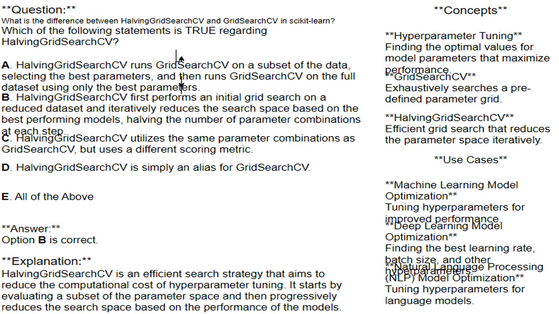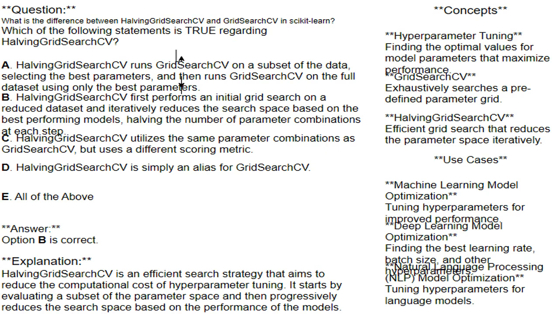Correct. This statement accurately describes the working principle of having grid search CV. It starts with a reduced dataset, performs grid search, eliminates half of the parameter combinations based on performance, and repeats this process until a desired level of reduction is achieved.